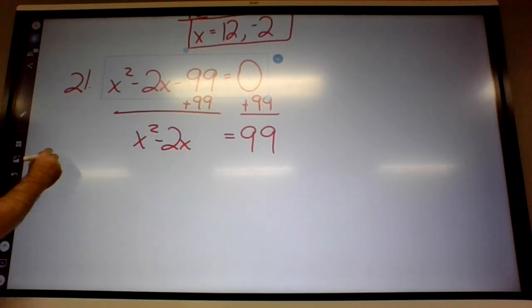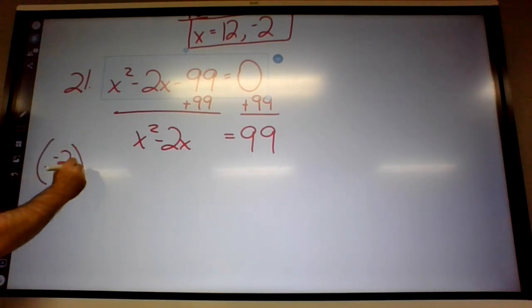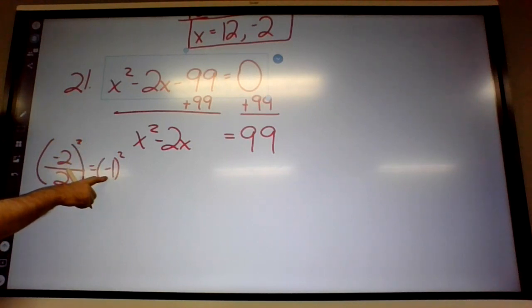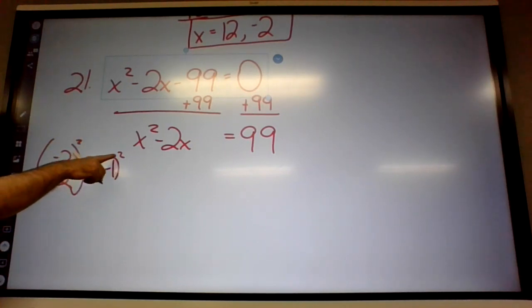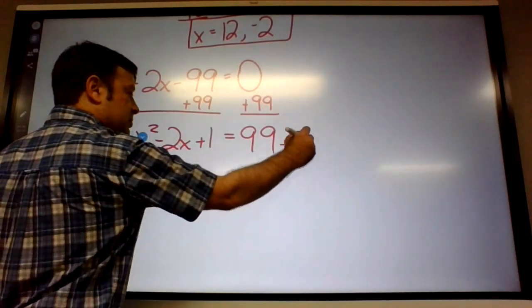All right, so I'm going to take the negative 2, divide it by 2, and then square it. So negative 1 squared is 1.